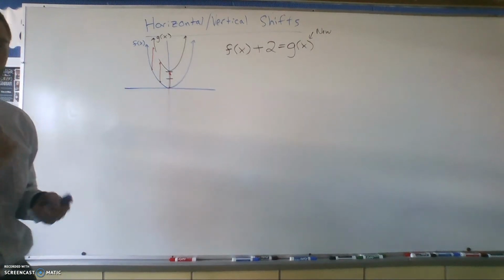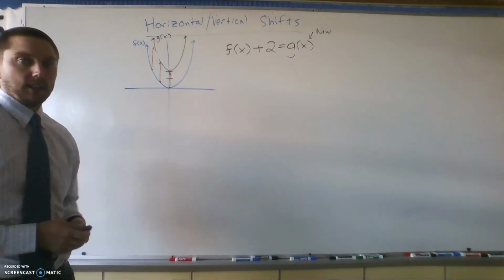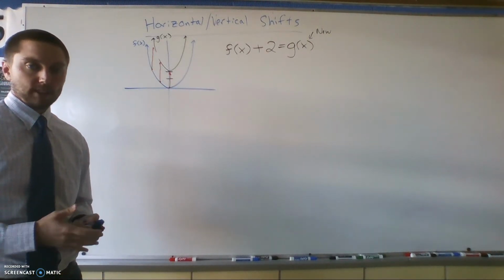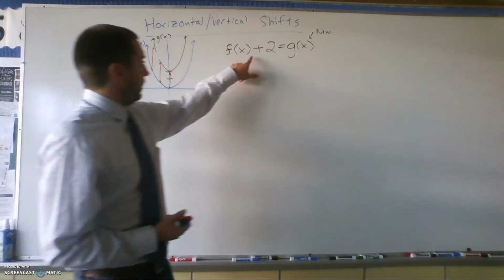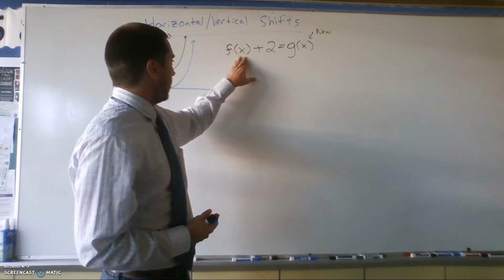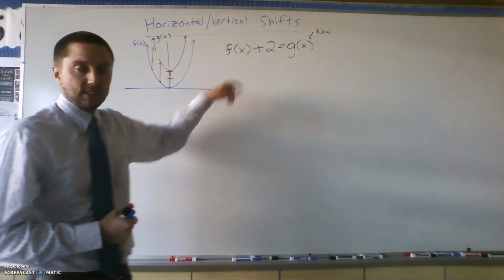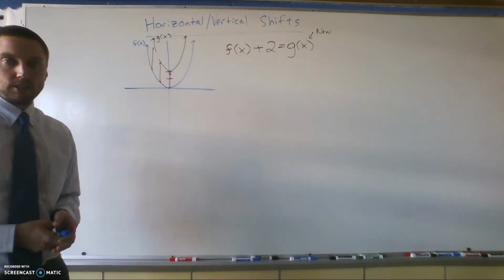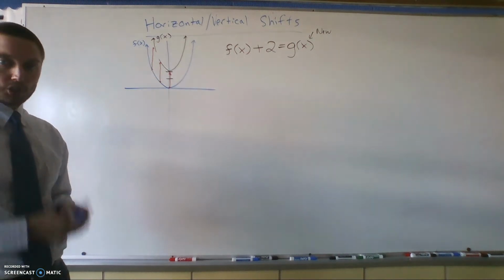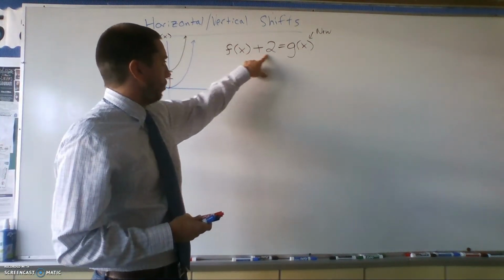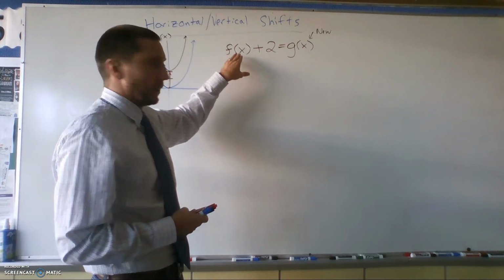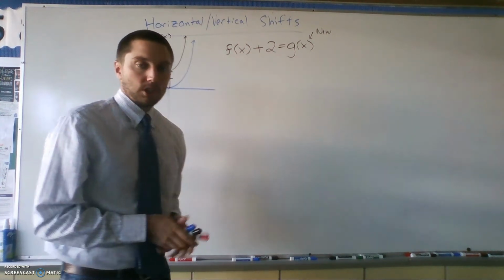So I started with f of x, I added 2 to the outputs, and then I created this new graph, g of x. Okay, and so if you notice, this plus 2 is outside of the function. So it's not inside next to the x, it's out in front of the entire function. So a vertical shift, we're going to be adding or subtracting to the entire function.